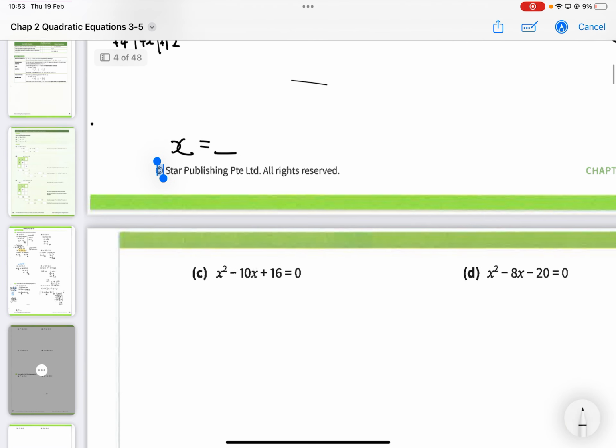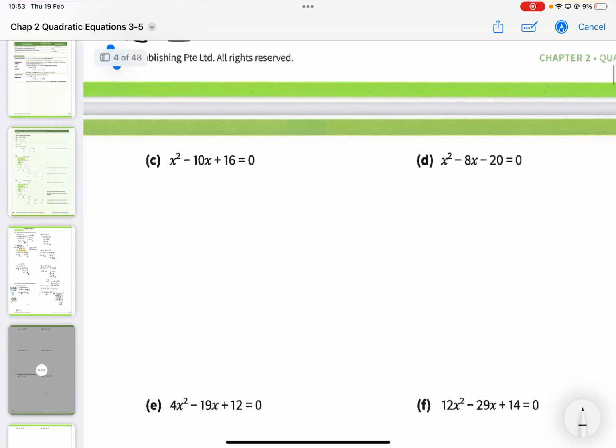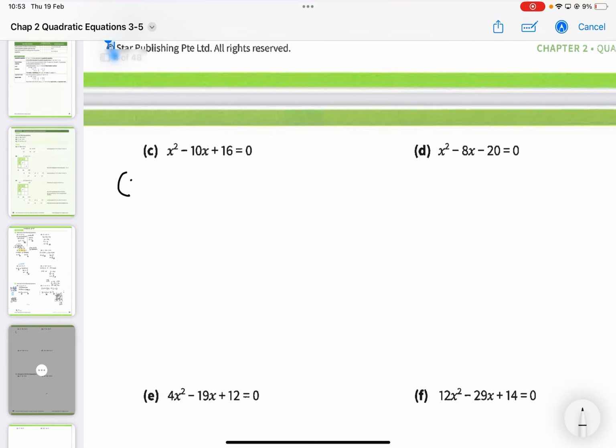Okay, for part C. Okay, if you do your factorizing correctly, you will have minus 2 and minus 8. Yes.